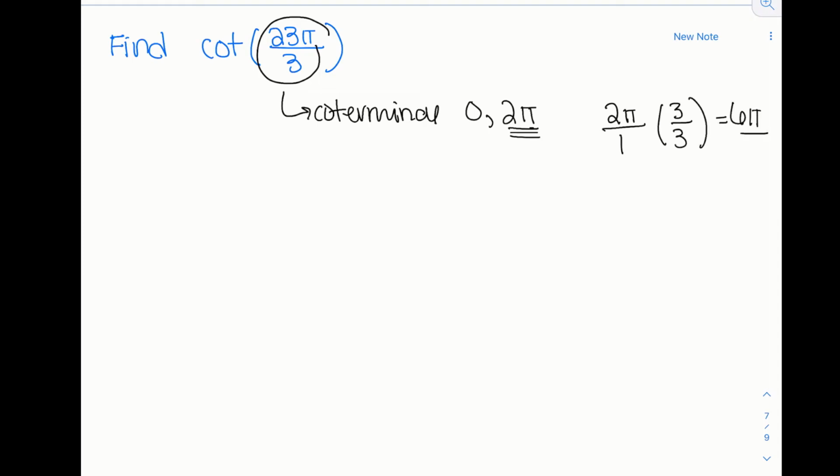So a full rotation is the same in this case as 6 pi over 3. Now I can subtract 6 pi over 3 from the original angle to get an angle that's smaller, but still lands in the same spot as 23 pi over 3. So we'll subtract 6 pi over 3.